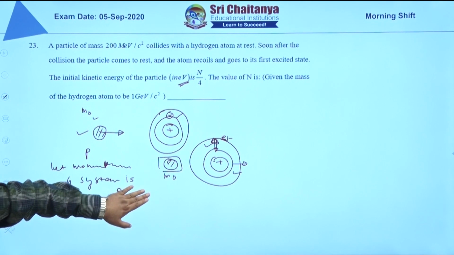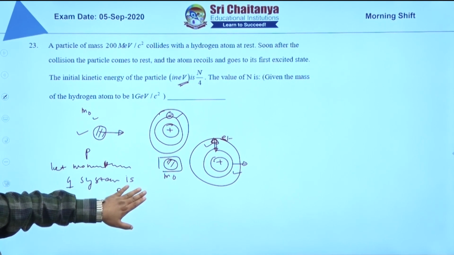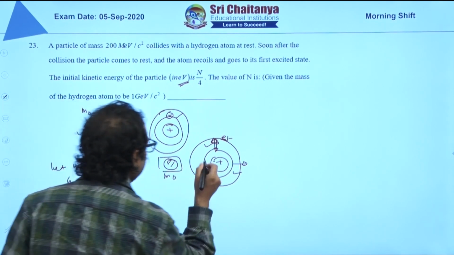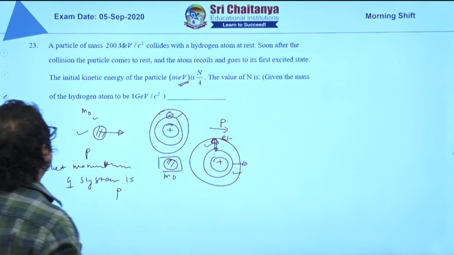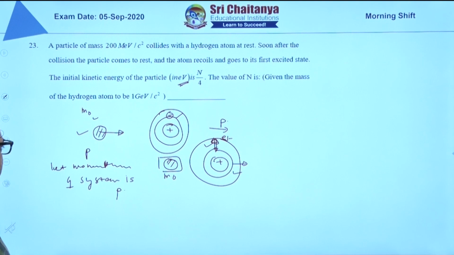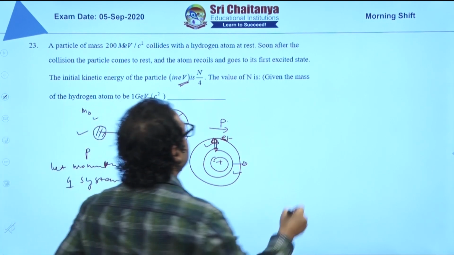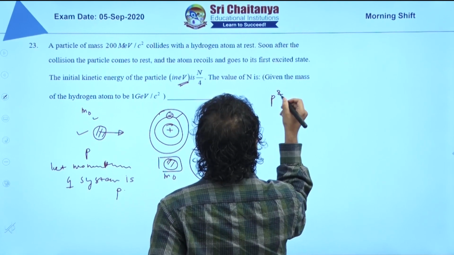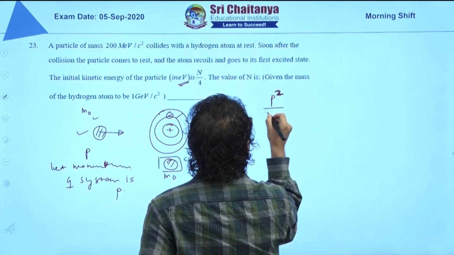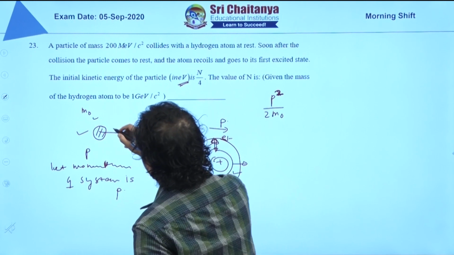After collision also it remains p, and the momentum of hydrogen becomes p. So, what is the initial kinetic energy? p square by 2 m naught is the initial kinetic energy of this particle.